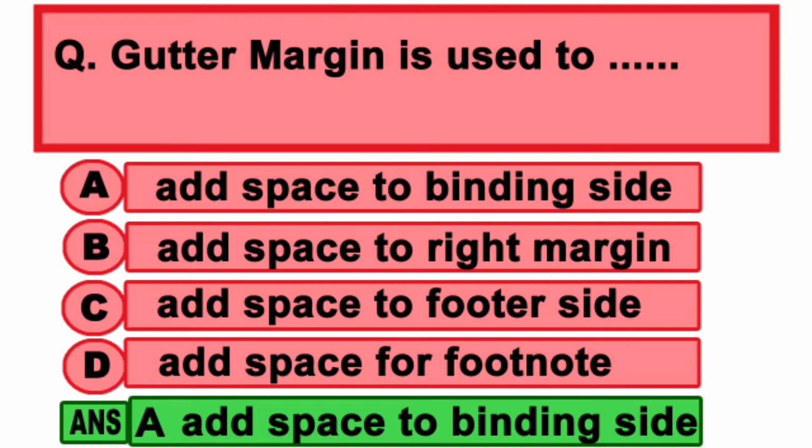Footnotes are notes indicated in your text with numbers and placed at the bottom of the page. They are used to provide additional information. Gutter margin is not related to footer and footnote. The correct answer is answer A. Add space to bind inside.